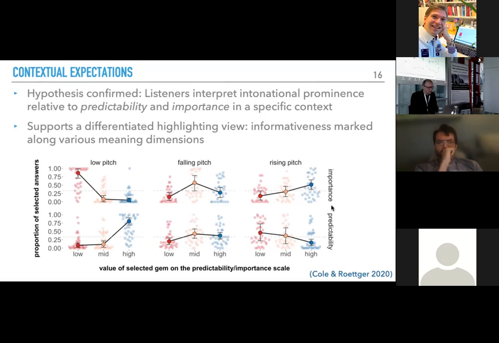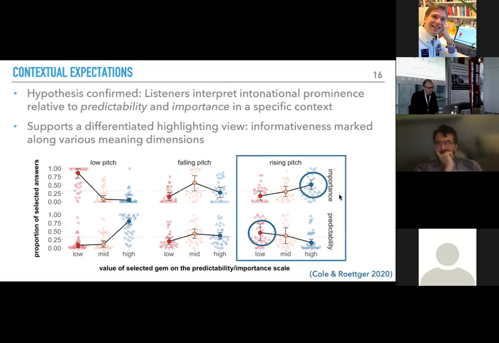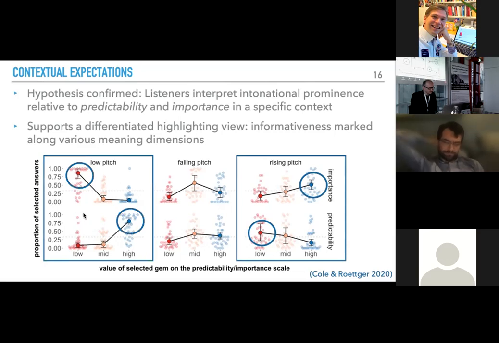And as an example, a more prominent or rising pitch accent here on the right side is associated with less predictable and more important information, whereas a less prominent or low pitch accent on the left side is associated with lower importance and higher predictability.